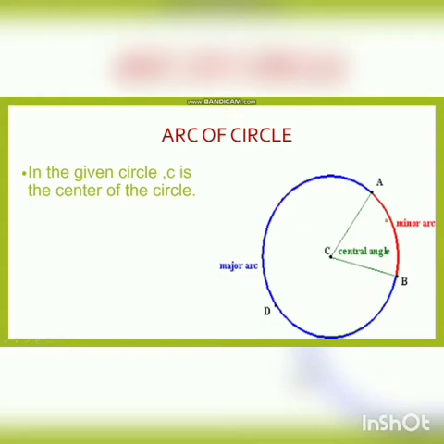Now see, for this circle, some part of the circumference is the blue part and some part is the red part. If we remove part of the boundary of the circle, you get this smaller part and this bigger part.